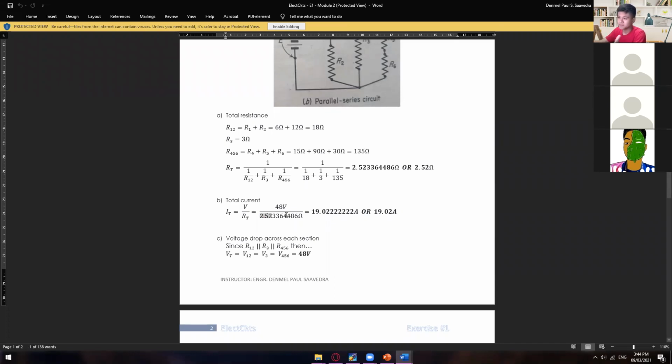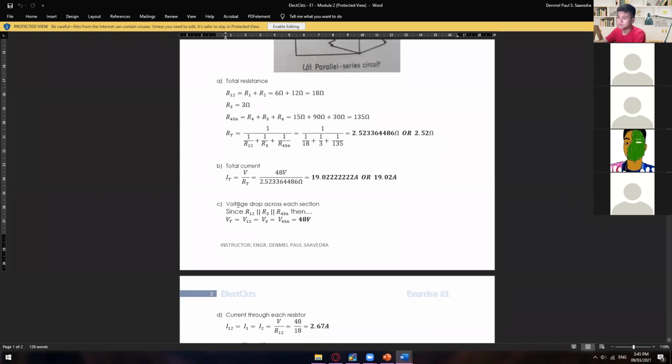Because especially in your exam, if I mention that you should strictly use two decimals all the way from the start up to the end, then you should only use two decimals for you to really get the exact answer. All right. And for the voltage drop, just get the individual currents.